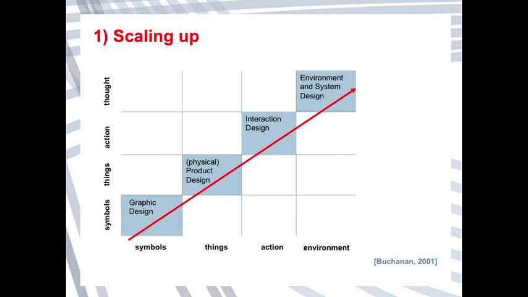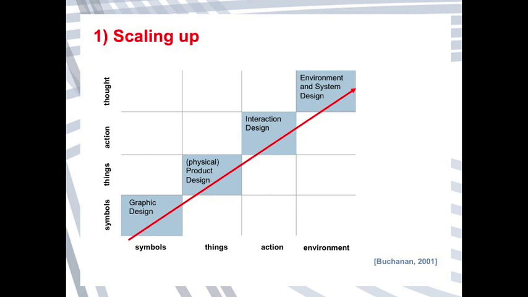So gradually design has been scaling up in terms of scope, and of course the knowledge, the skills and the approaches needed to change in order to address this different complexity. The growth of complexity has led to the introduction of new forms of design.